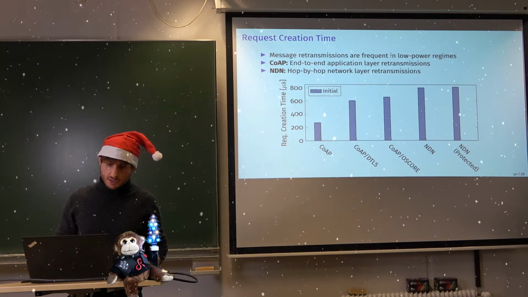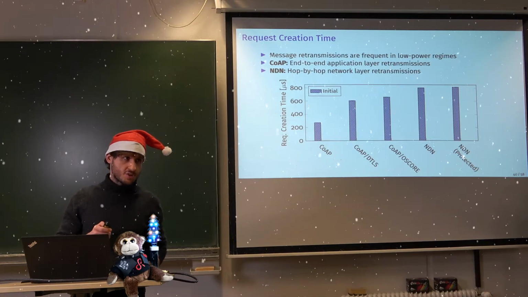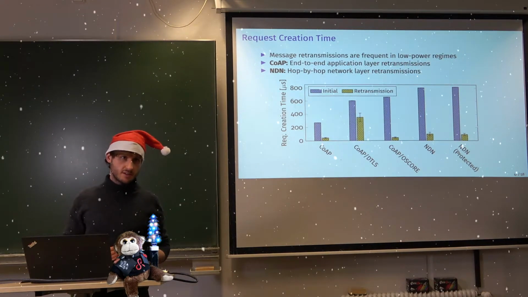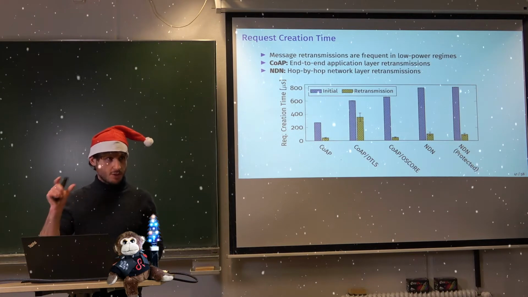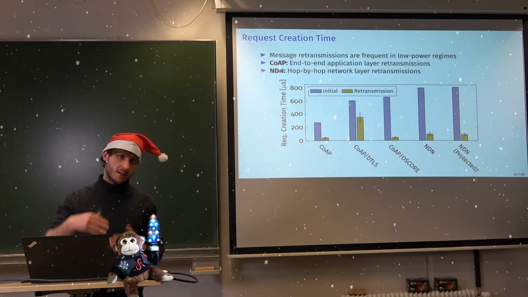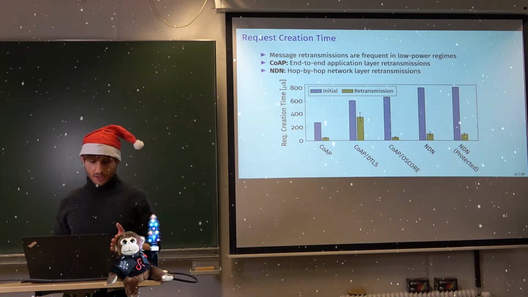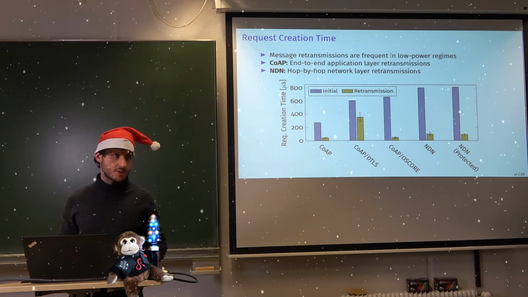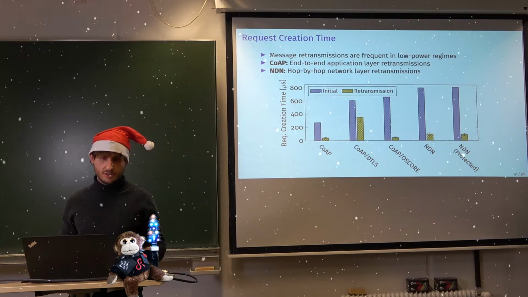But the interesting part is if you look at only the retransmissions, because retransmissions actually exist for CoAP in the CoAP layer, they are already done, and we only need to copy them from the buffer and resend them out. And you can see for CoAP and for OSCORE that the time is very similar. It's very low. It's just a copy from the memory to the layer down.